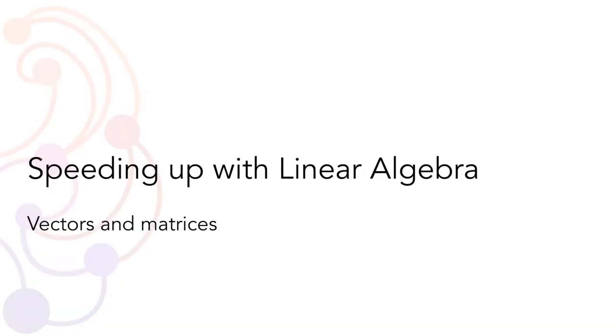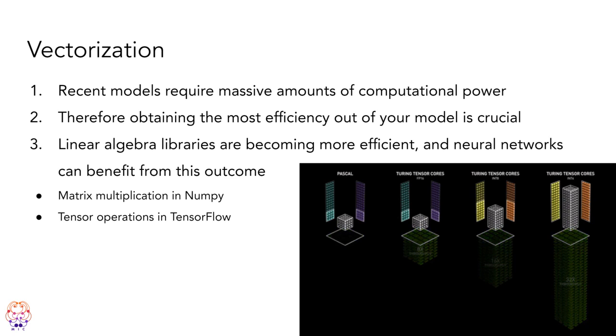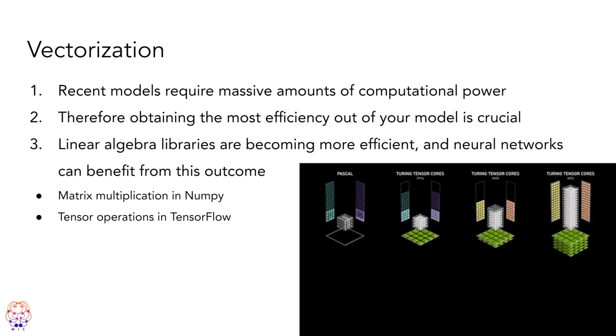Okay. So next up, we're going to speed things up with linear algebra. And this involves using vectors and matrices to model our equations. But why do we want to do that? Well, it turns out that in GPUs, we can take advantage of these multiplications because it's very parallelizable.